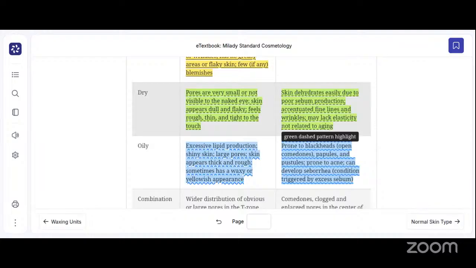Shiny skin, large pores, skin appears thick and rough. Sometimes has a waxy or yellowish appearance. Got it? So when we look at oily skin, we know that it's the opposite of dry skin. The pores are not small and tight, but they are actually larger.